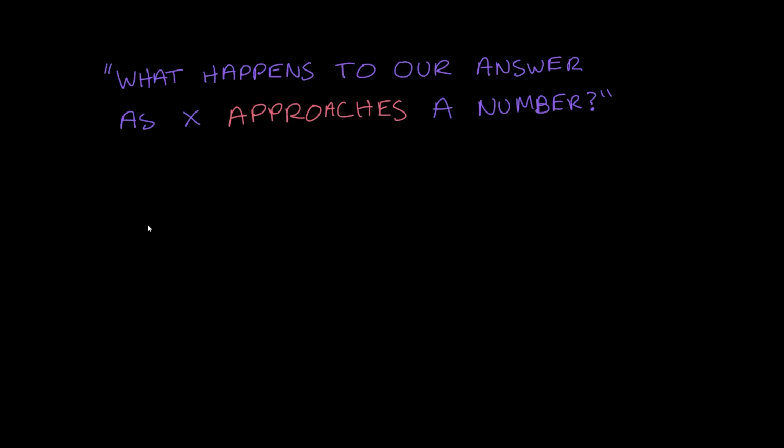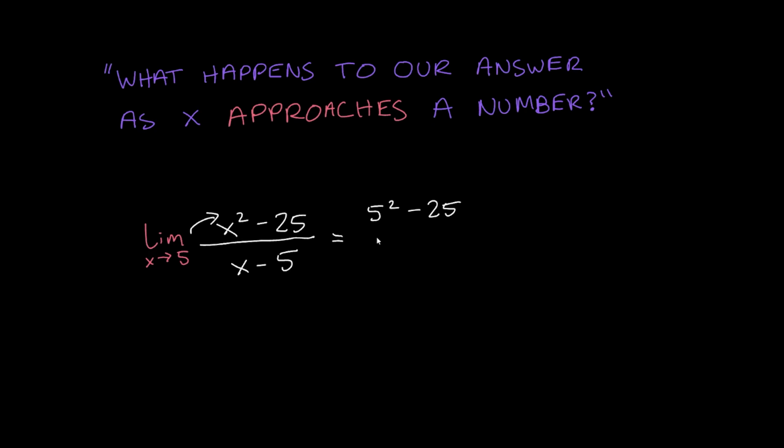But what if we were asked to find the limit as x approaches 5 of x squared minus 25 over x minus 5? Now, most people would say, okay, well, let's plug in the 5 here. We get 5 squared minus 25 over 5 minus 5. What does that give us?